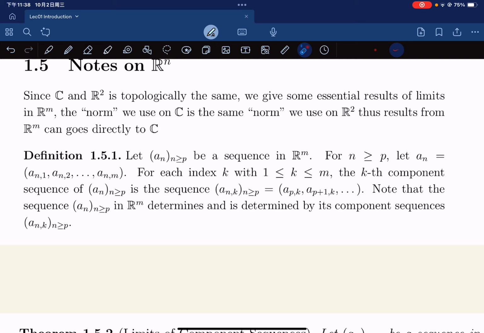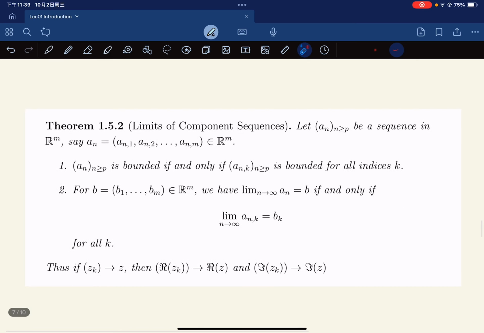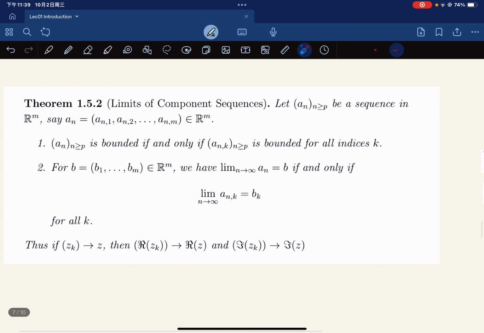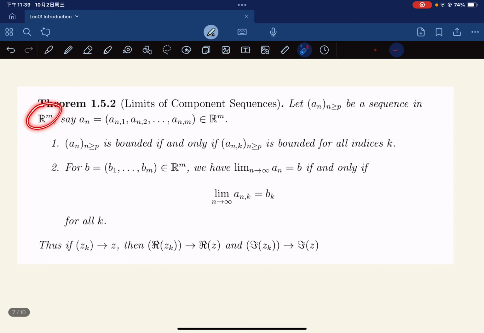So the sequence determines and is also determined by its component sequences, a_{n,k}, for each k. So the limits of component sequences: given a sequence in R^m, the sequence is bounded if and only if each component sequence is bounded.